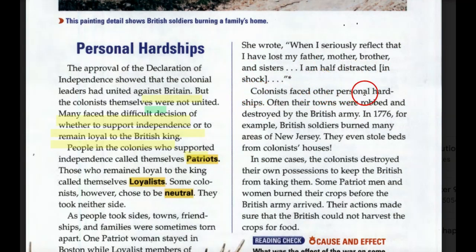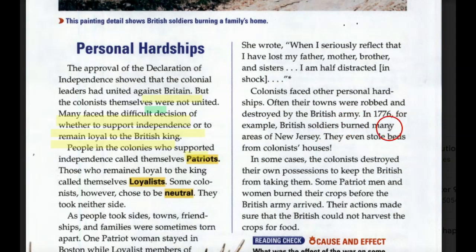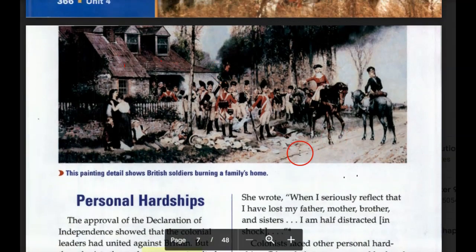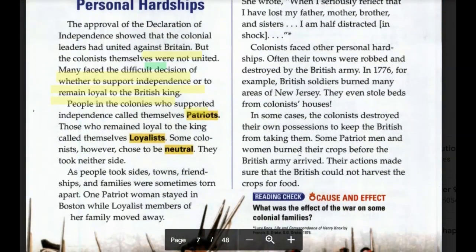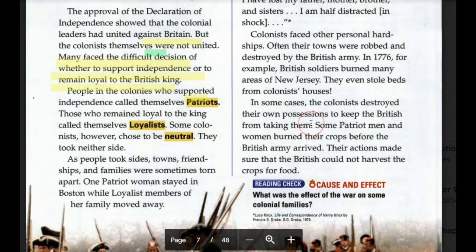Colonists faced other personal hardships. Often their towns were robbed and destroyed by the British Army. In 1776, for example, British soldiers burned many areas of New Jersey. They even stole beds from colonist houses. In some cases, the colonists destroyed their own possessions to keep the British from taking them.